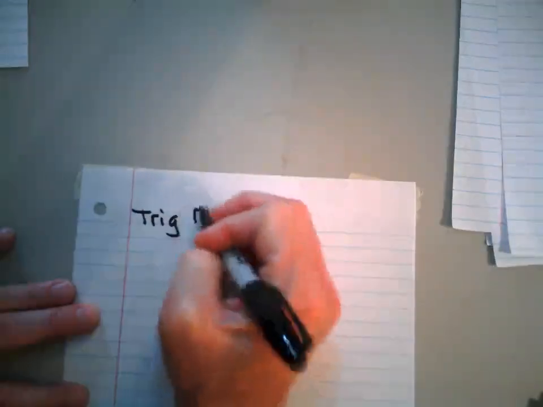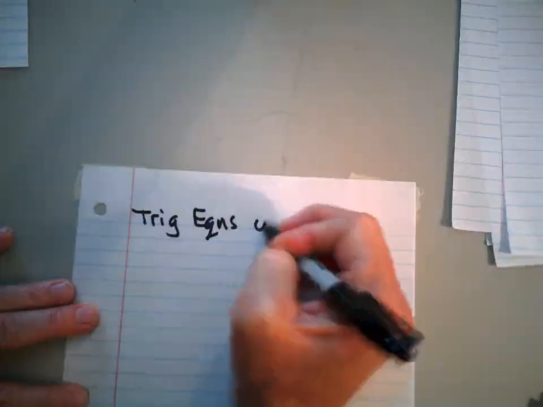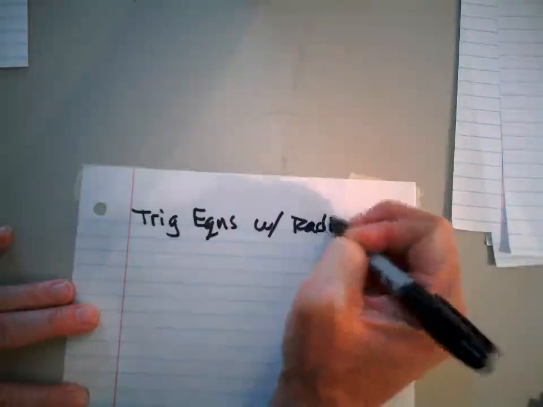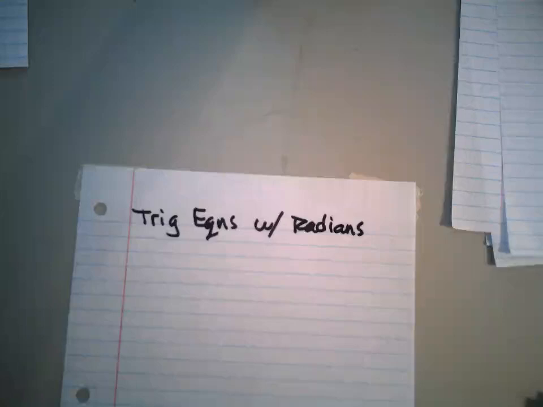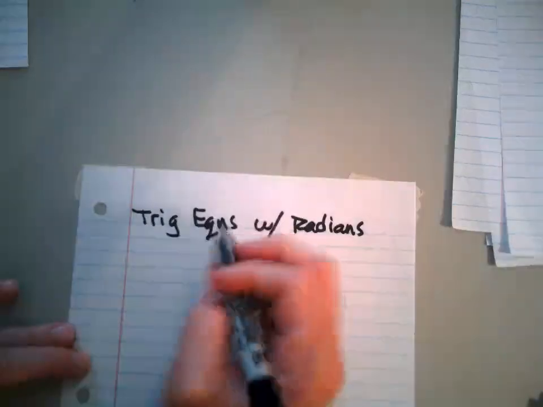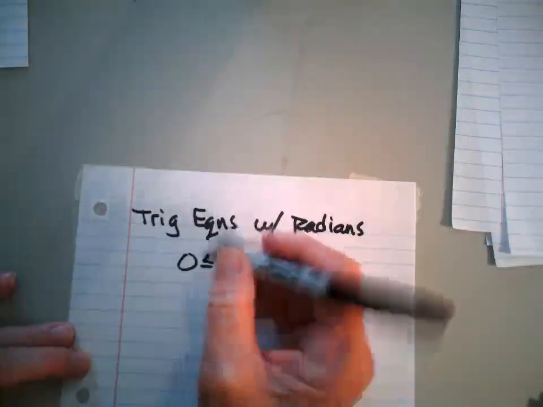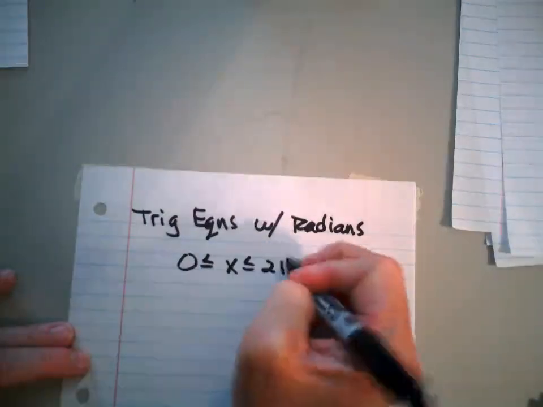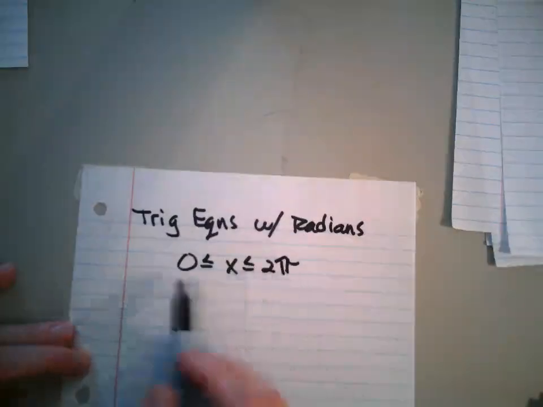5th section is going to be trig equations with radians. Trig equations with radians. Okay, see what the problem looks like. All right, so between 0 and 2 pi, give all the answers, which means it's going to be more than one answer.